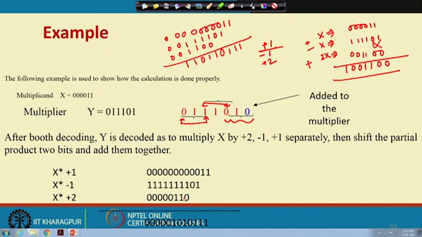Sorry, this is plus 2 means this is only 1. Okay. What I am doing? So, now it will be 1 1 1 0 1, then again 1 over here for 1, this is 0 1. Okay. So, now I will get 1 0 1 0 1 1.